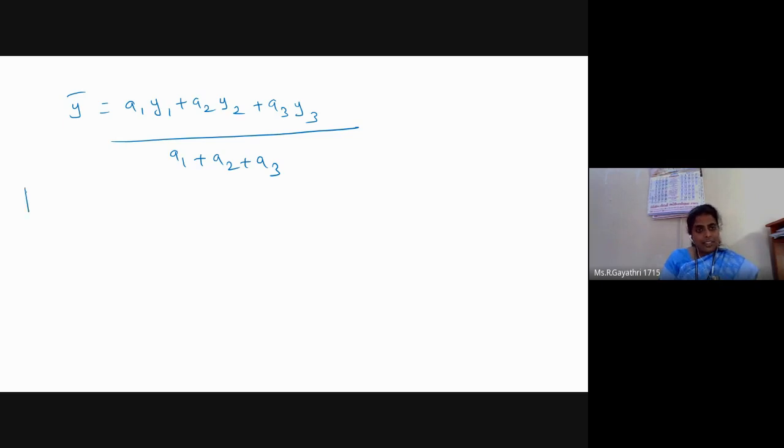Okay, this is our I section. We can consider three rectangles. I am numbering it from bottom to top.